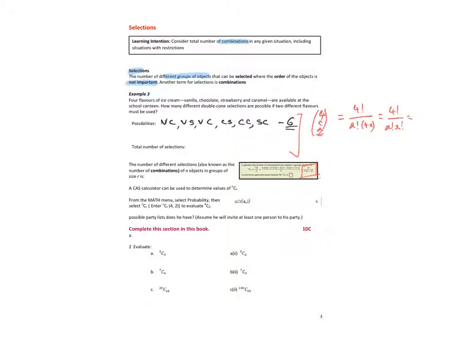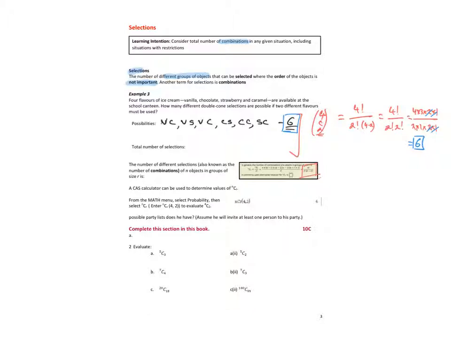Now we know 4 factorial is 4 by 3 by 2 by 1 over 2 times 1 times 2 times 1. And you can see that the last 2 and 1 both cancel off. So I end up with 4 times 3 over 2, which is the same 6 combinations that I had initially. Okay, so our combinations are the number of selections you can make from a group of things.